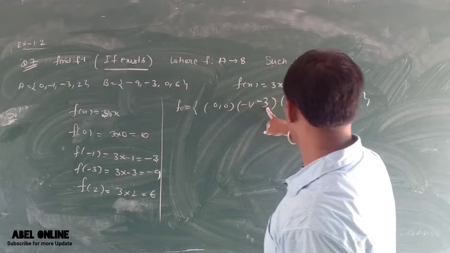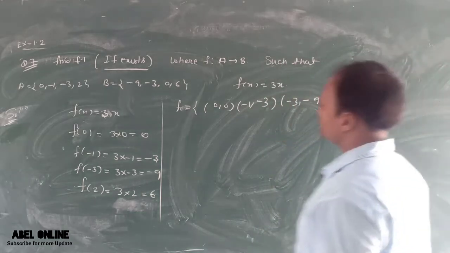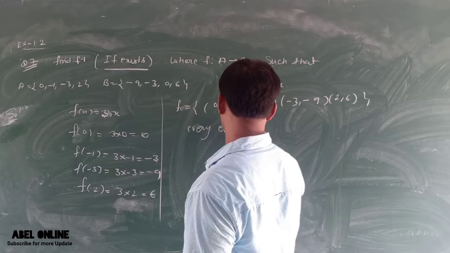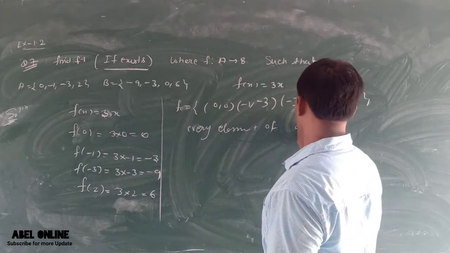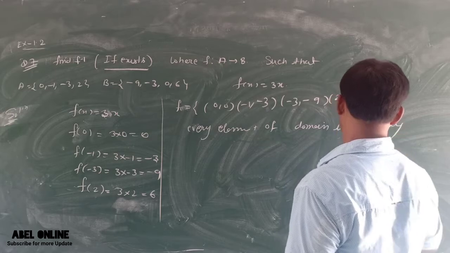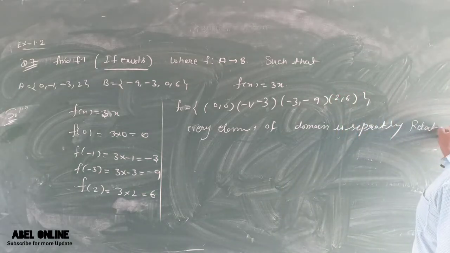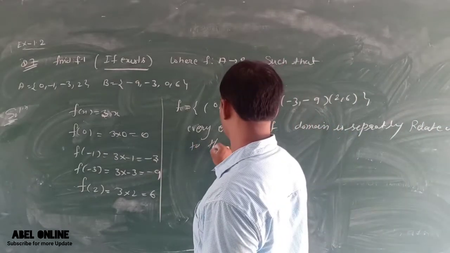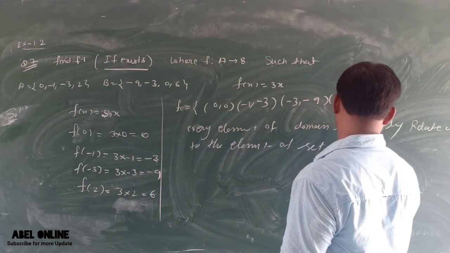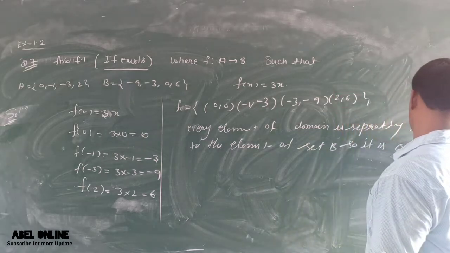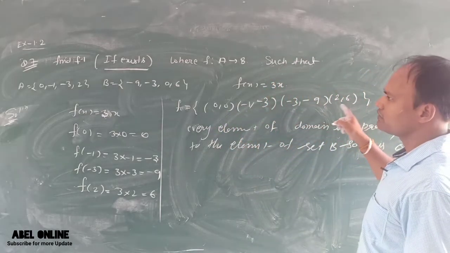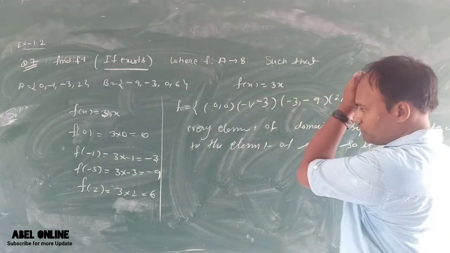So every element of the domain is separately related to an element of set B. 0 is related to 0, -1 related to -3, -3 to -9, 2 to 6, which means all elements are different from each other. So it is one-one.